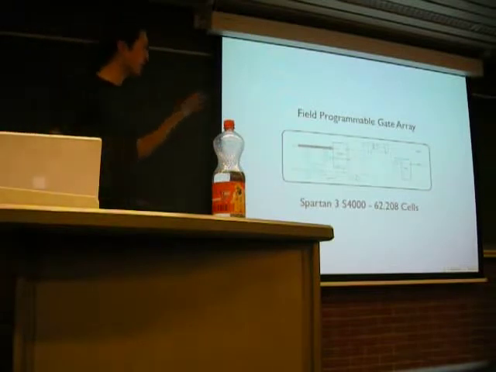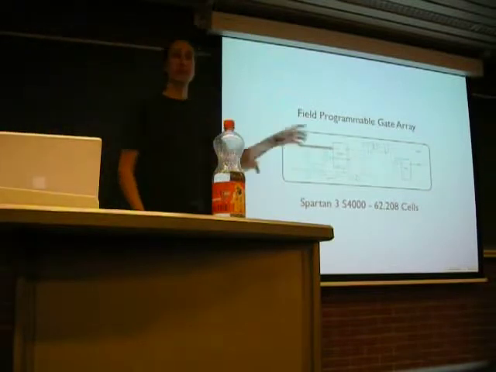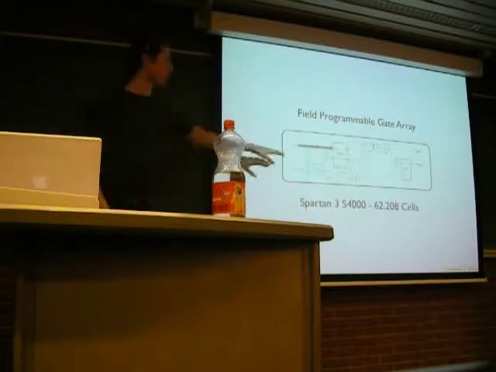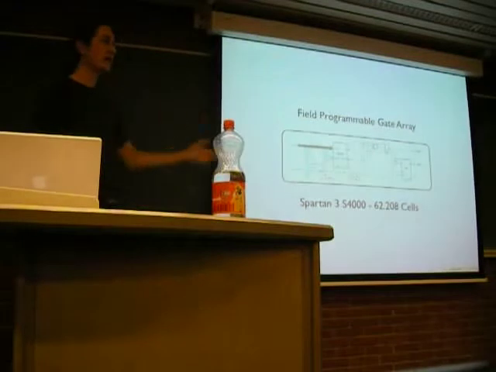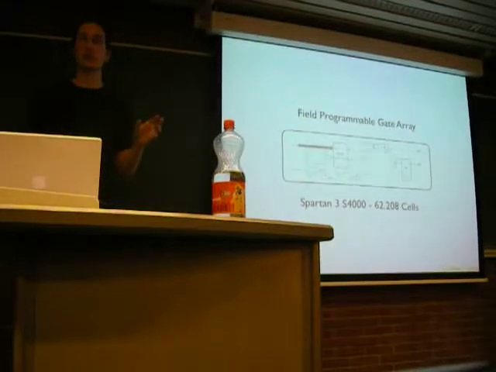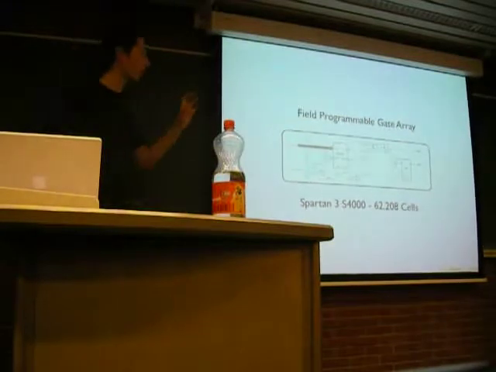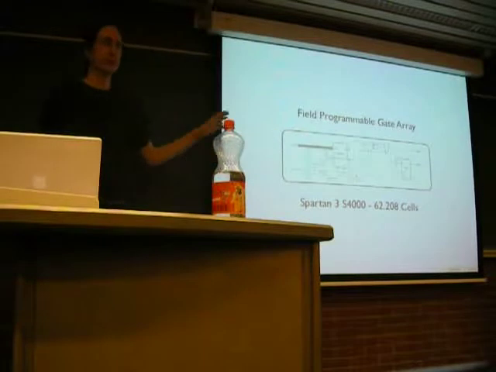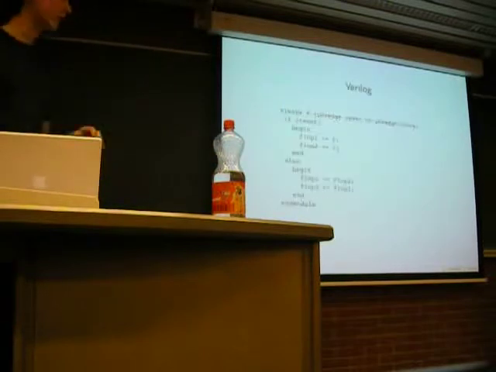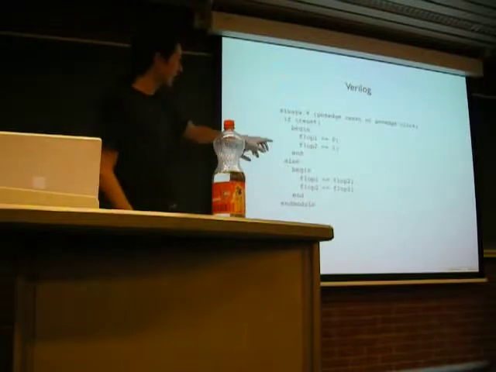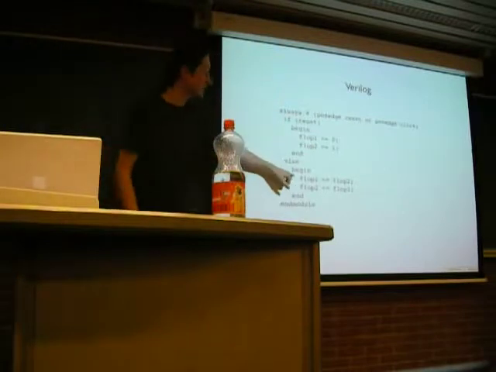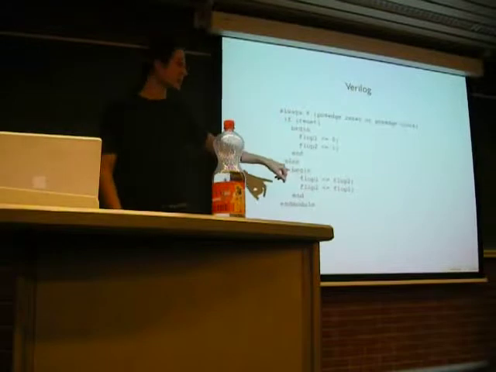The other bit is that you can define how all these lookup tables are connected between each other. So this one is connected to another lookup table somewhere else, etc. So you're really not talking about the processor which you're programming, you're really talking about the hardware which you're programming. To give you an idea, I have a bit of Verilog here, which is the language you can program these chips in. And you can see here that I have the beginning and the end, and I say plot 1, which is a register.